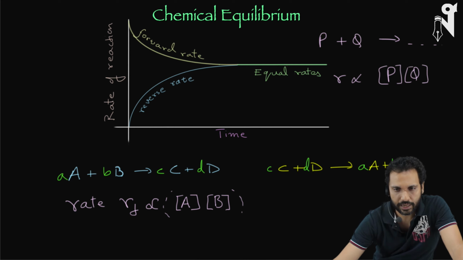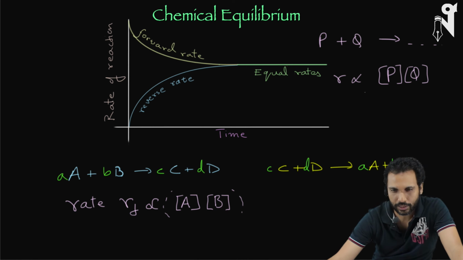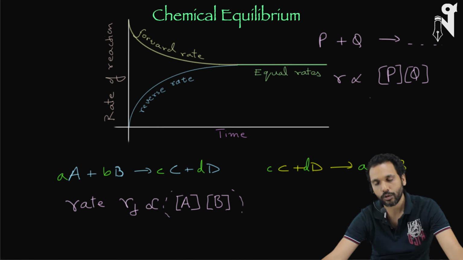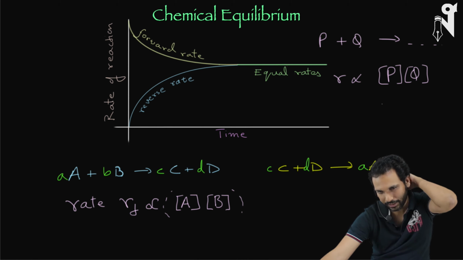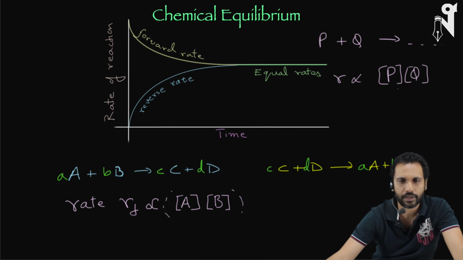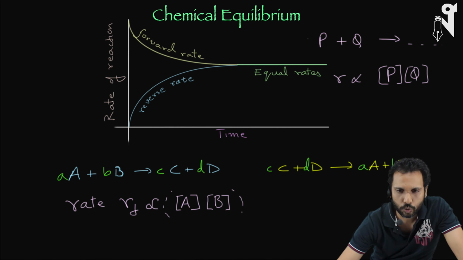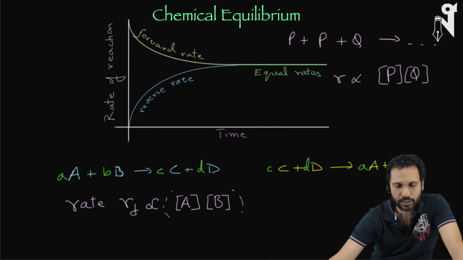If this logic is right, in fact we are going to study the rate law. The rate law tells what the rate would be, and that is going to be in the chemical kinetics chapter next year. So I'm not going to get into details of that, but I'm just saying that if this is right, if it's a multiplication of concentration of P and Q, then had it been two P's, will I not write it as P squared times Q?